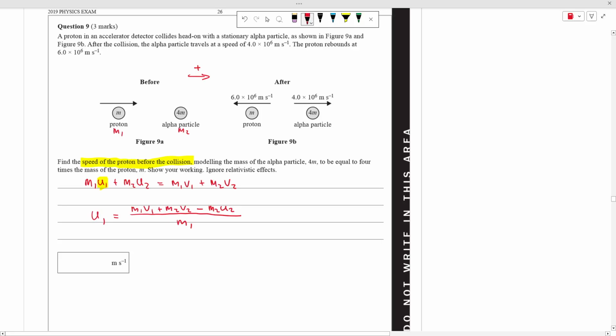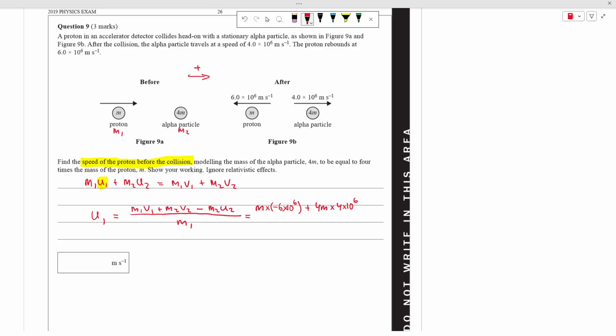And so, if we input our numbers in, m1 is just m, the mass of the proton. v1 is the speed of the proton after collision, so it's traveling to the left now, so that's times negative 6 times 10 to the 6, plus m2 v2, so m2 is the mass of the alpha particle, 4m, times its speed after the collision, which is 4 times 10 to the 6.